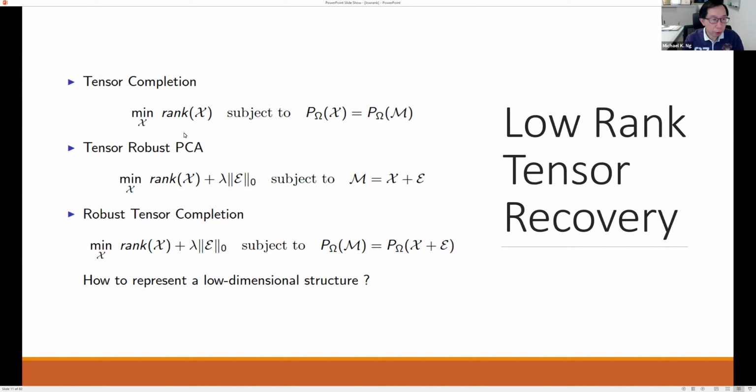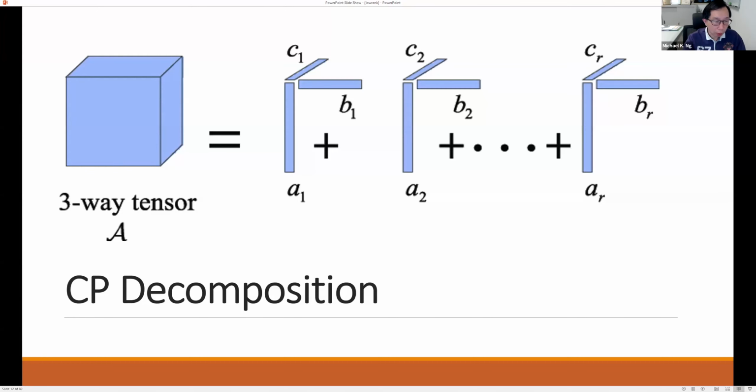So the question is how to define the rank, or how to represent a low-dimension structure in a tensor. That is the key problem. In the literature, we know that for matrices, the SVD is universal and very powerful. But for tensors, what is the best representation such that we can find the low-rank structure inside?